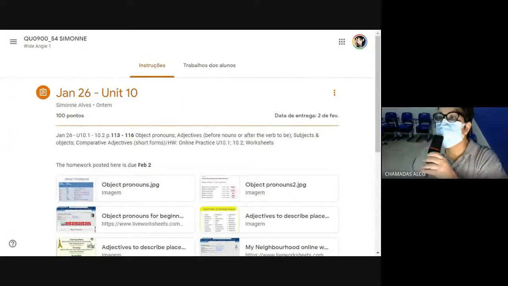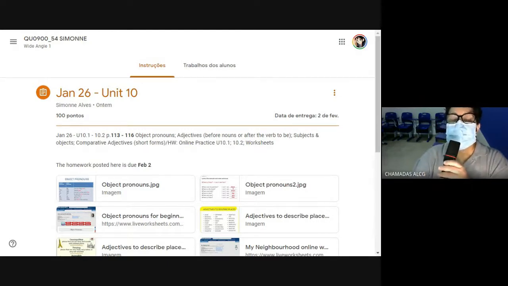Okay. So I've been trying to connect to the book, but I don't know why it's not happening. So let me try to open the site once again, see if there is any problem with the site. And if we can't, I already have the pages on PDF, so we can present from there. Okay, just give me a minute.